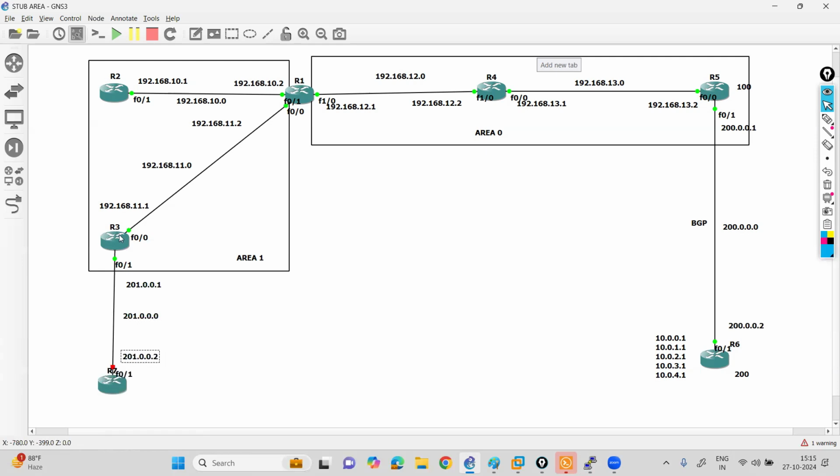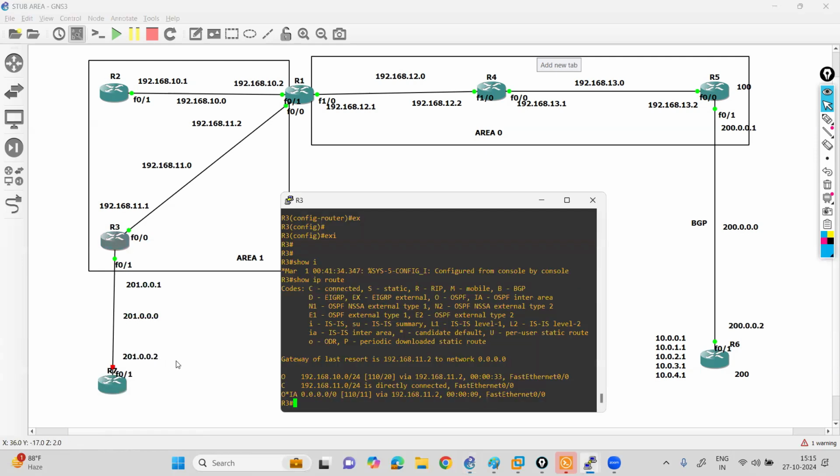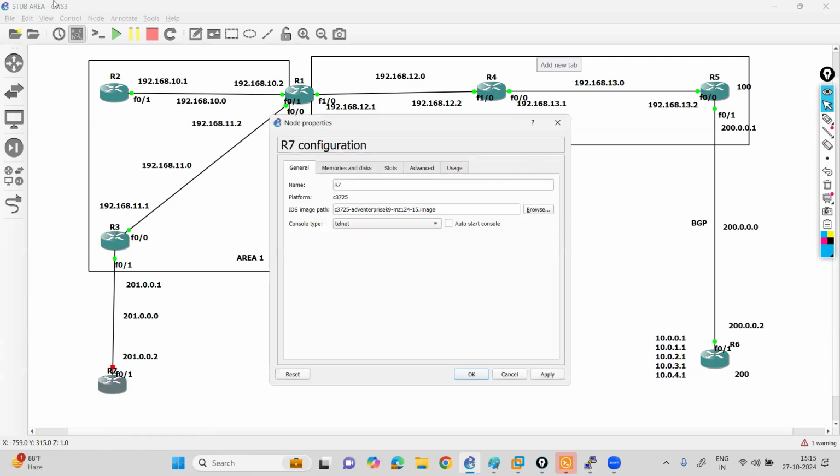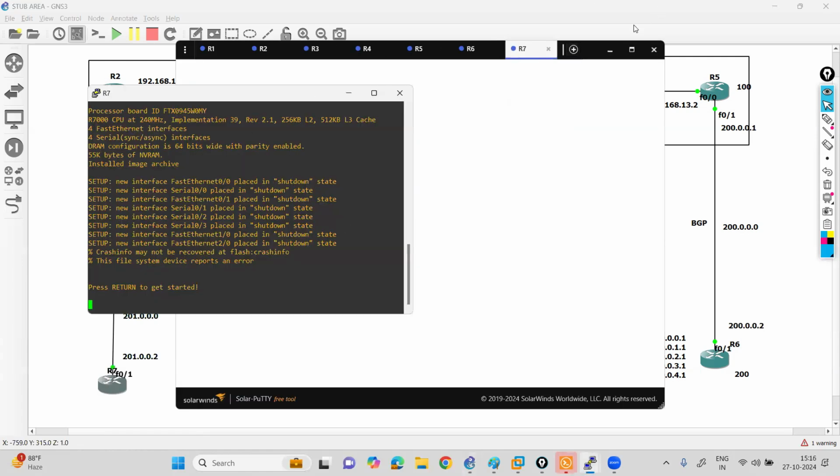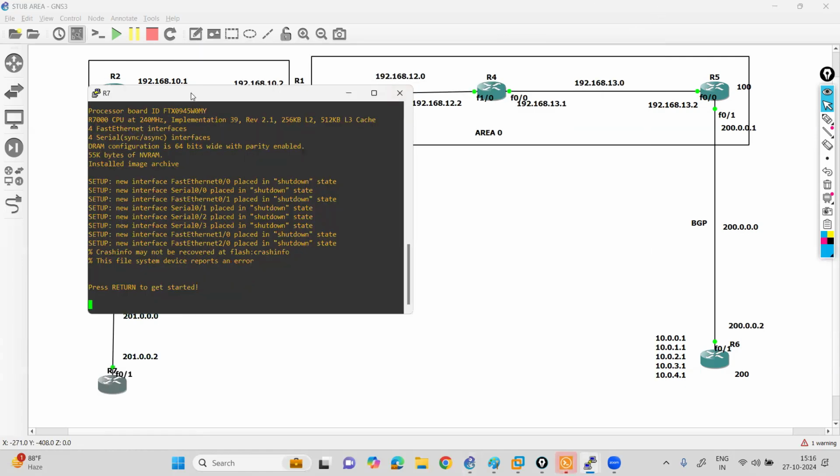Now let's do the configuration. Let us assume on this side also we have external routes. So for external routes, let's configure BGP over here, router 3 and router number 7. Let's start with router number 7.